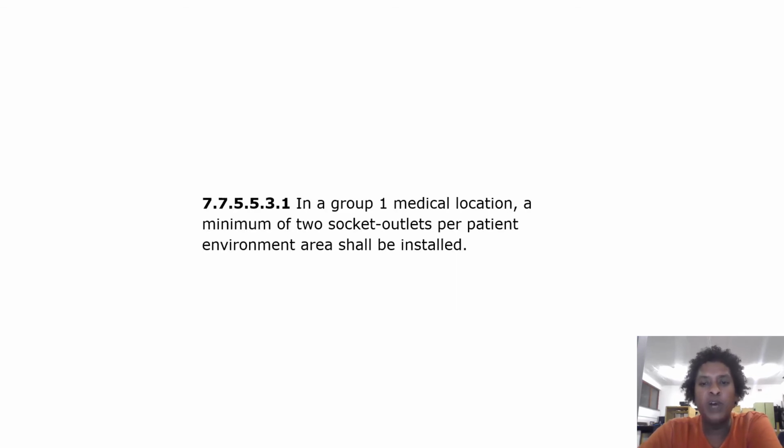Socket outlets. In a Group 1 medical location, a minimum of 2 socket outlets per patient environment area shall be installed. In a Group 2 medical location, a minimum of 4 socket outlets per patient environment shall be installed.